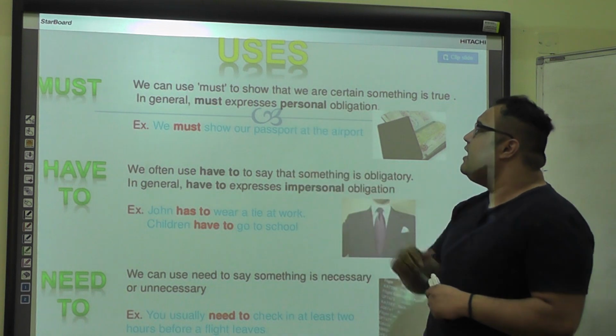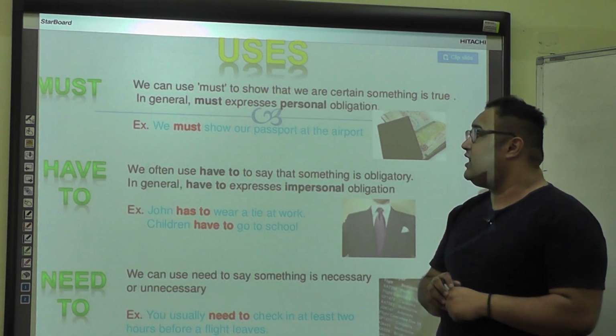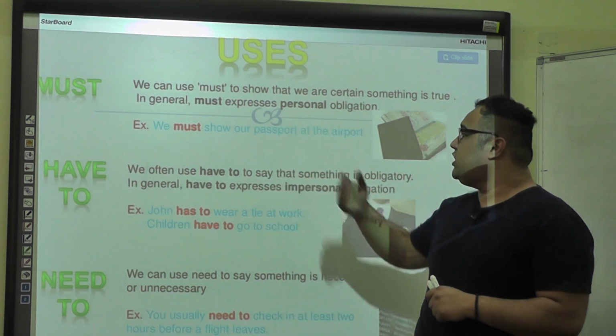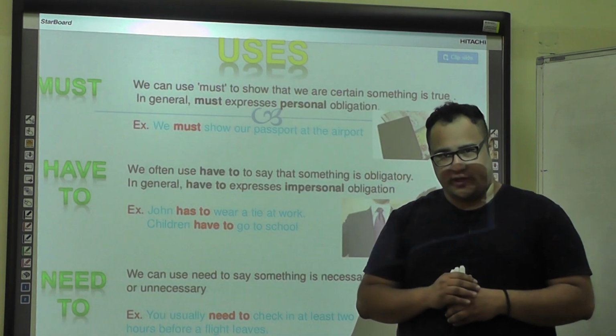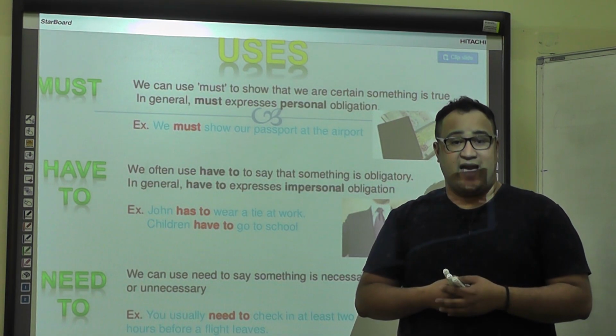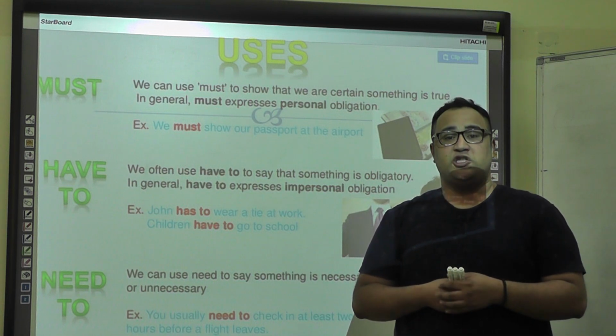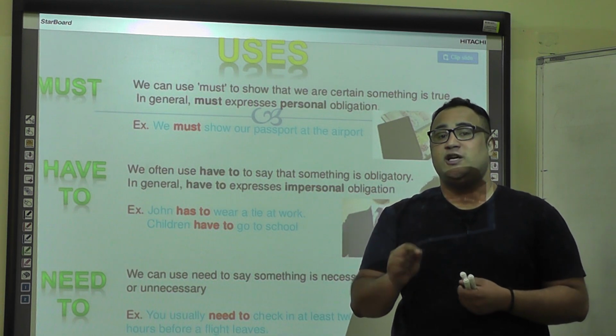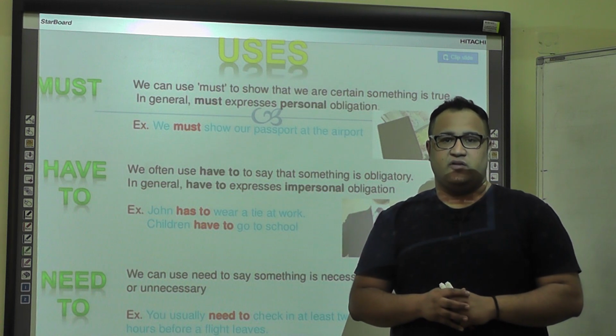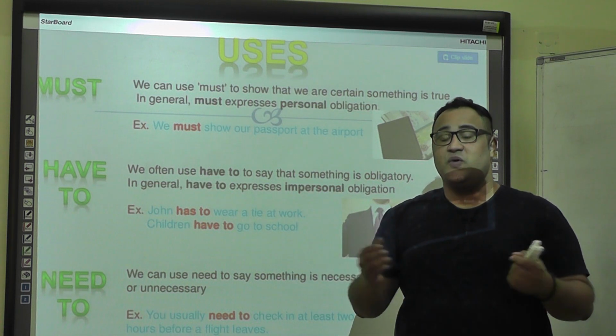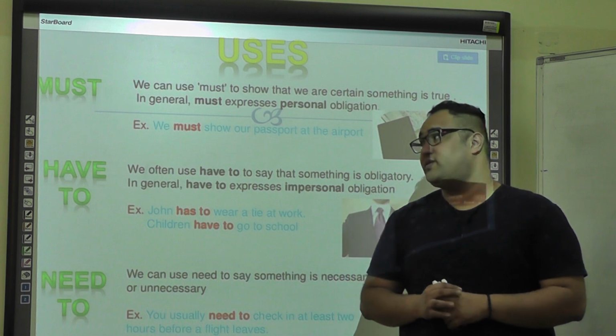In general, must expresses personal obligation. We must show our passport at the airport. The students must answer their activities online. The teachers must jot down the records of the quizzes. So that is when we use must.